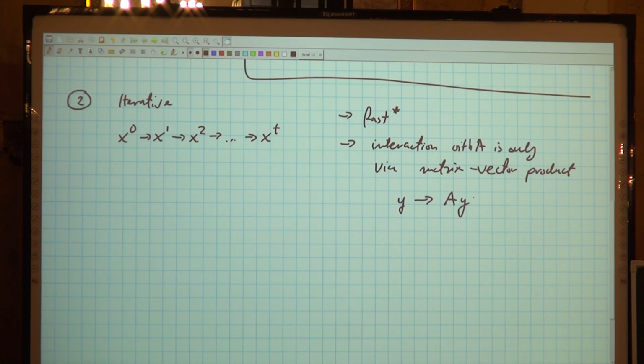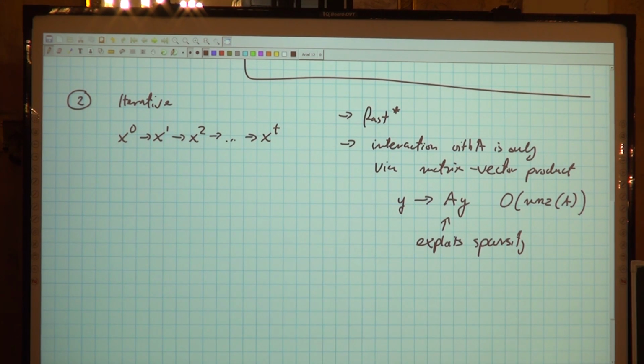Okay, and this is very nice for many reasons. One of the reasons is that this is able to exploit sparsity, right? Because the running time to do this is just the number of non-zero entries of A. So if the matrix is dense, it's still n squared, but if the matrix is sparse, it's O of n.